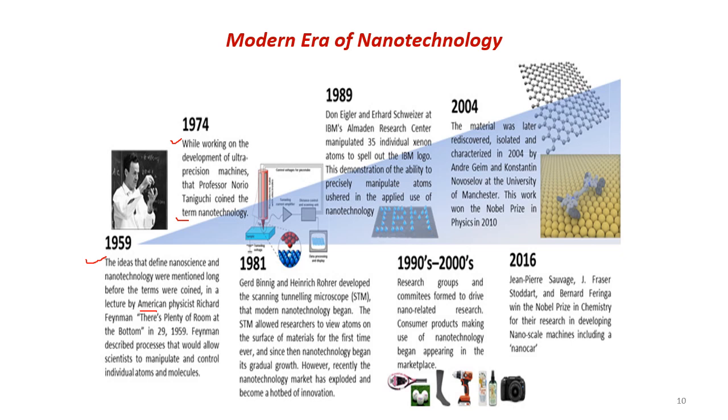Next, in 1981, Binnig and Heinrich Rohrer developed the scanning tunneling microscope, or the STM. This is called the beginning of modern nanotechnology.